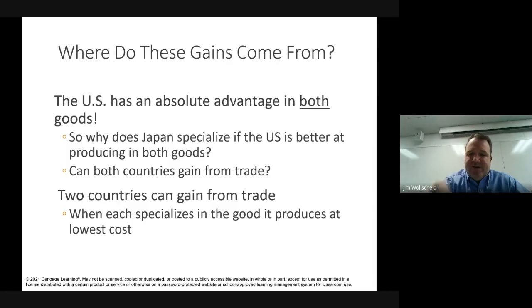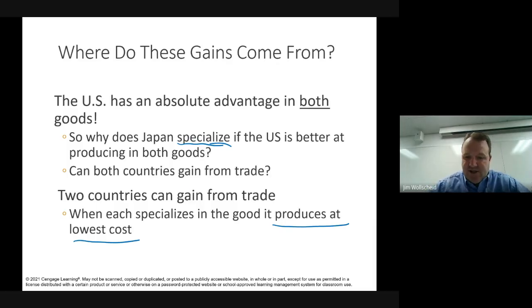The U.S. is better at both goods. So what does Japan do? How do we determine what Japan produces to trade to the United States? How we're going to determine what Japan produces or specializes in is that it's going to be determined by what they produce at the lowest cost.